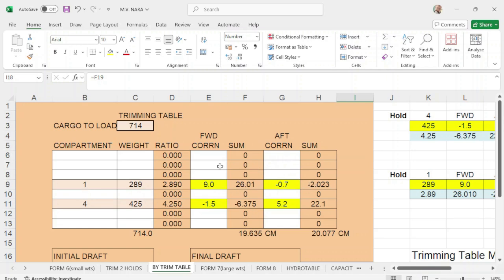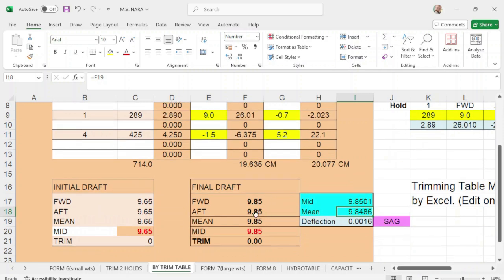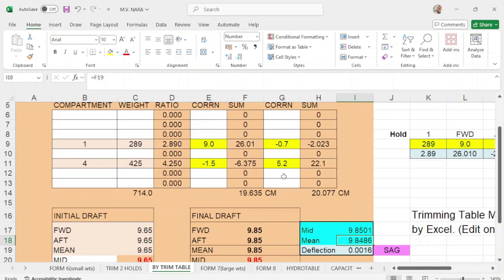Once you have taken out the corrections, your drop will be 9.85 even keel, 0 trim, and your deflection is 0, according to the trim correction in your loading manual.